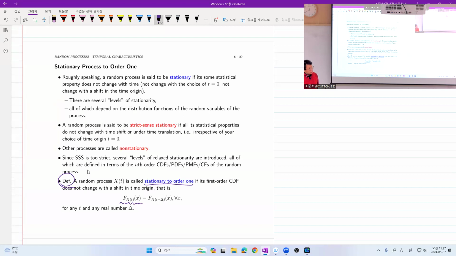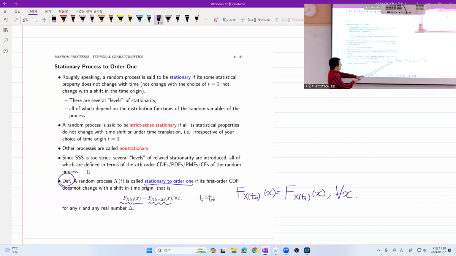So as you see, for the CDF of X(t), here you may fix t as t0, then you have a random variable, right? And this does not change. So F_X(t0)(x) equals F_X(t1)(x) for all x.